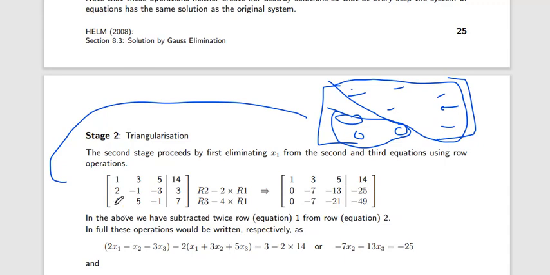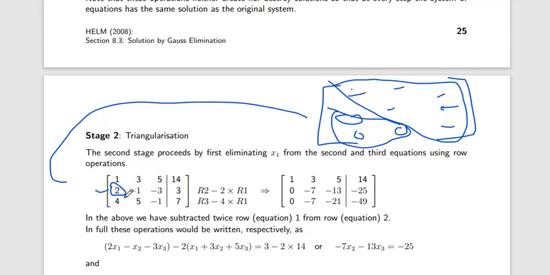You can also do it as third row divided by 2 and then subtract from the second row. Okay, our main target is to get a 0.